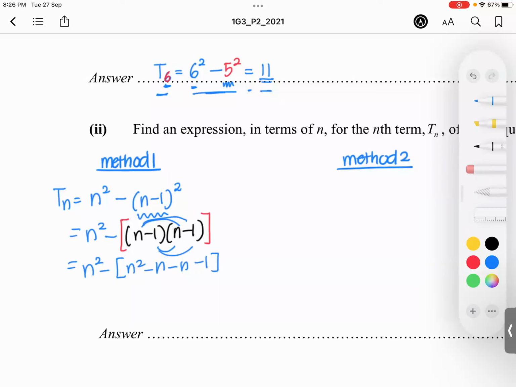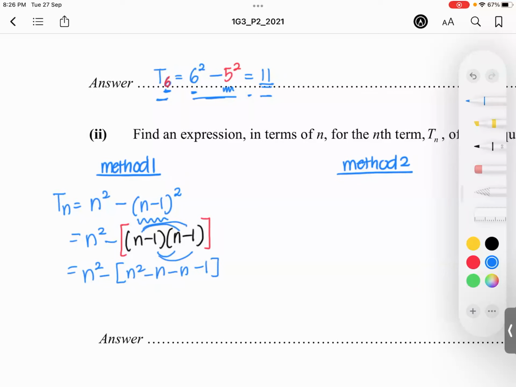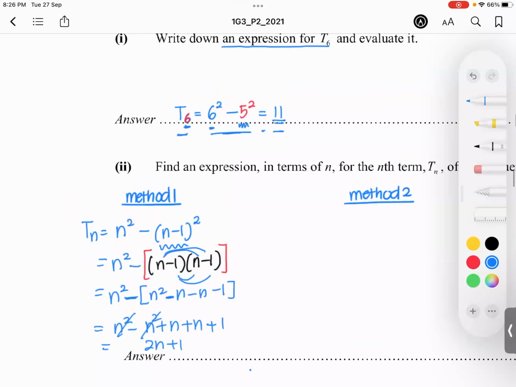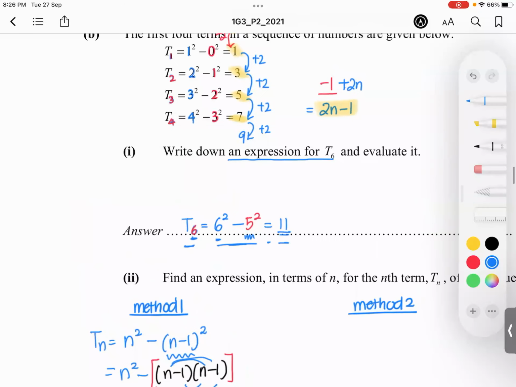So then the next part of the question, I need to simplify this: n squared, and then the negative becomes positive, plus n, then plus 1. Did I write wrongly? Wait, give me a minute.